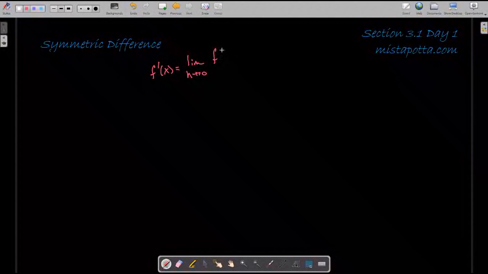And so what we'll do to find the derivative at a particular independent variable x would be to find the limit as h approaches 0. But take this symmetrically. Take x plus h and subtract x minus h.